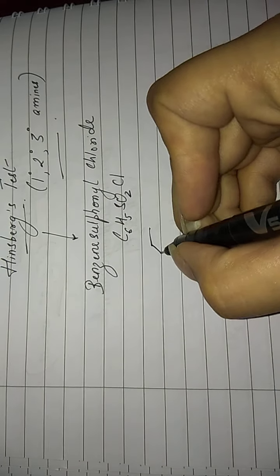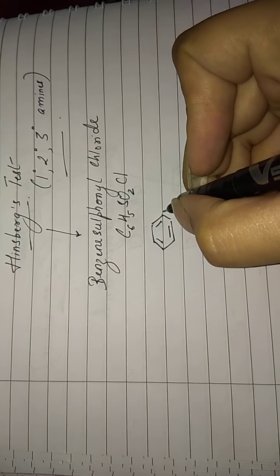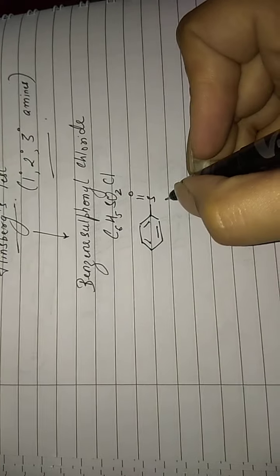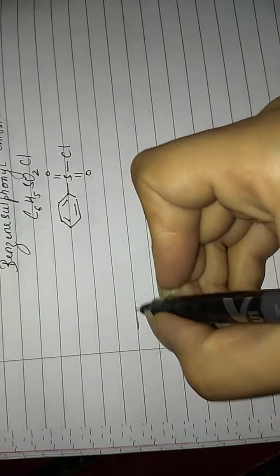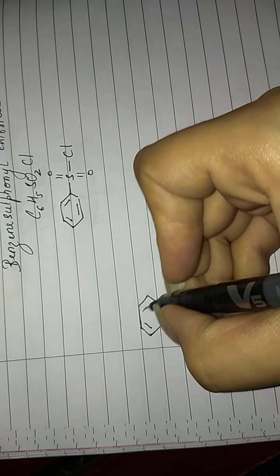The structure can be drawn as C6H5, which is your phenyl ring, SO2Cl.